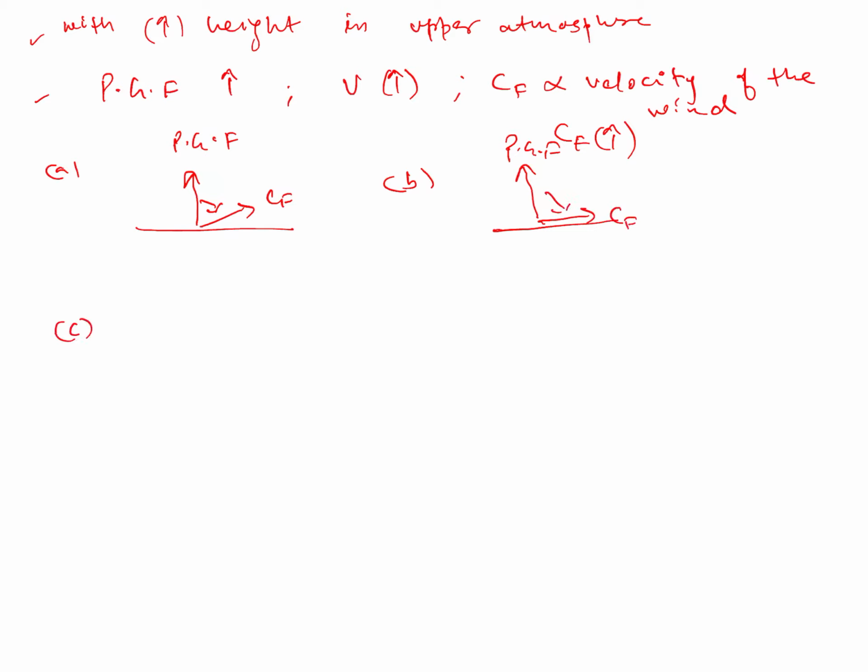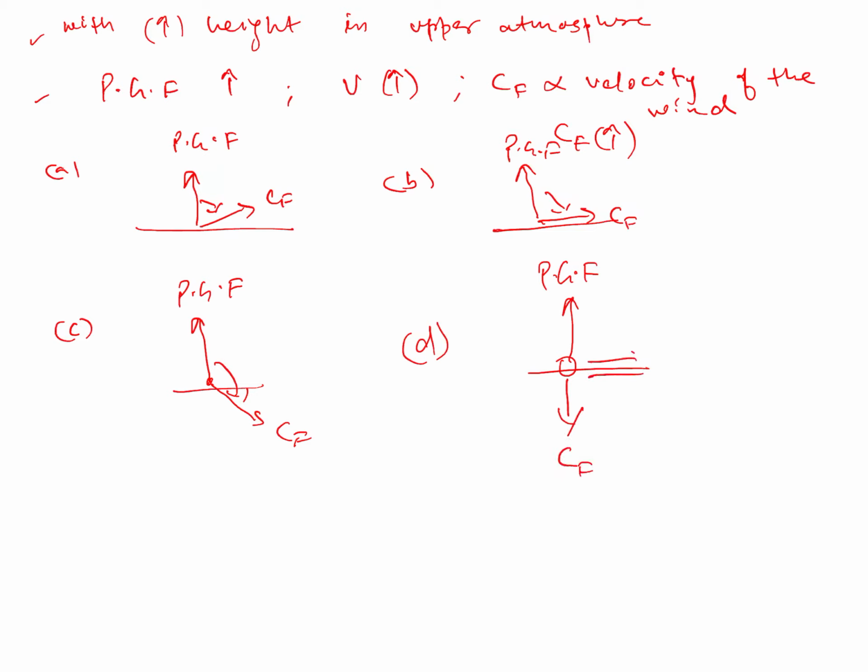As the height further increases in case C, the PGF is always from high to low. PGF becomes further high, and Coriolis force becomes further more. At one particular height, look at case D, where Coriolis force becomes equal and opposite to the PGF. When this situation arises, both the forces balance each other, and the resultant wind starts flowing parallel to the isobar.